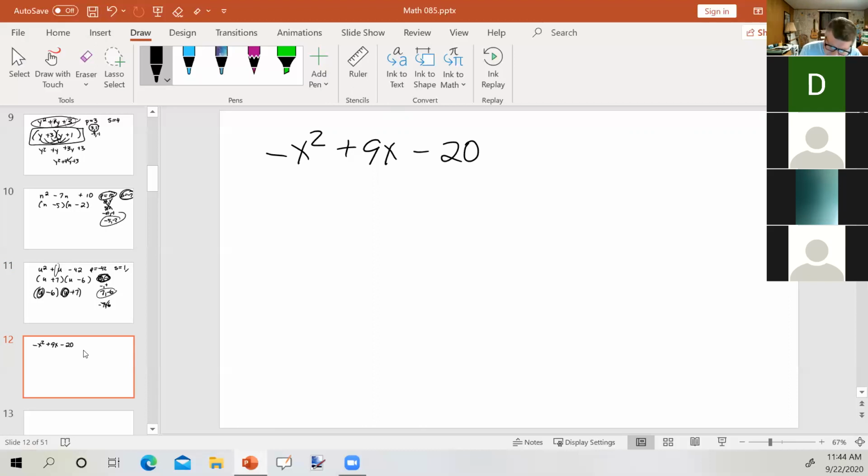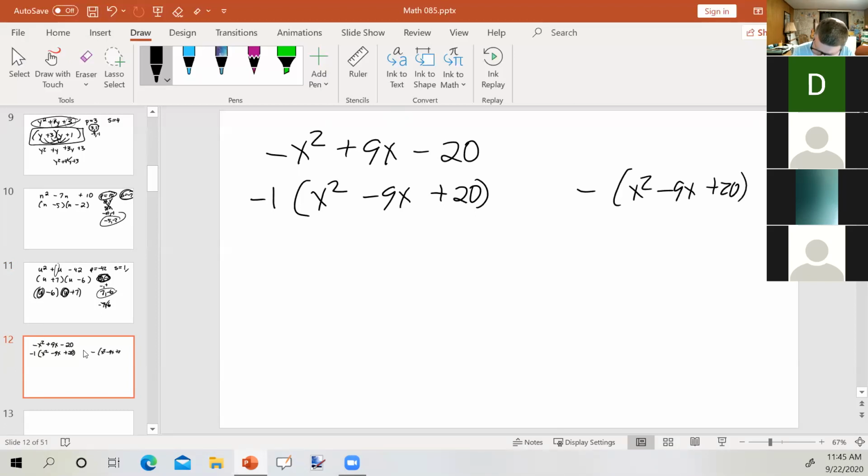So what I'm going to do at the very beginning is I'm going to factor out a -1, or just factor out a negative. So this is going to be x squared minus 9x plus 20. And again, I could write it that way, or I could write it like this, just putting a negative sign without the implied 1. Either way works, okay?